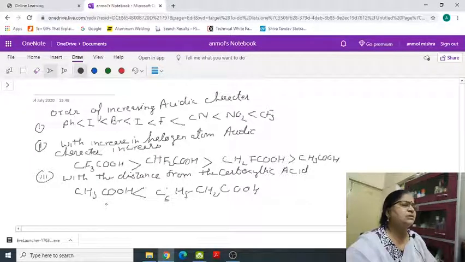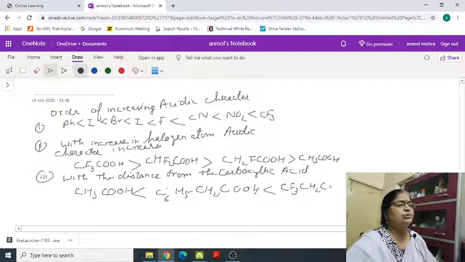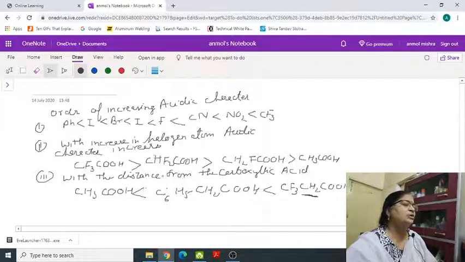One more example you can write down, CF3CH2COOH. So in between, the CH2 group has increased the distance, and the acidic character decreases in the following order.